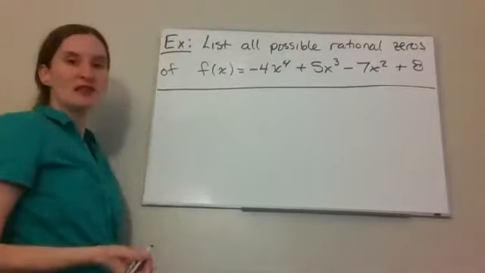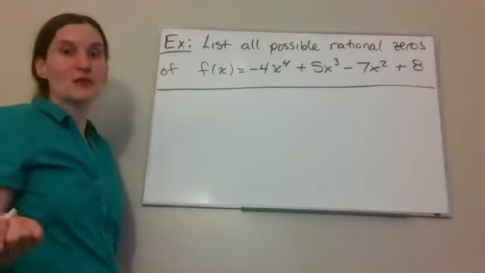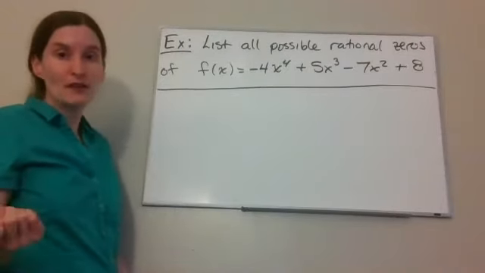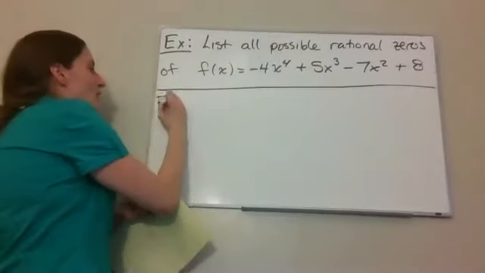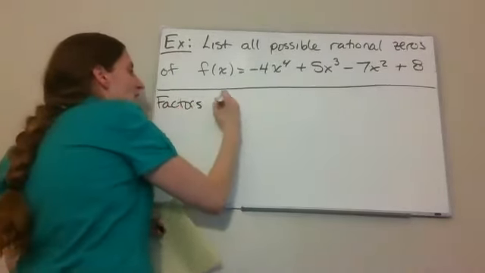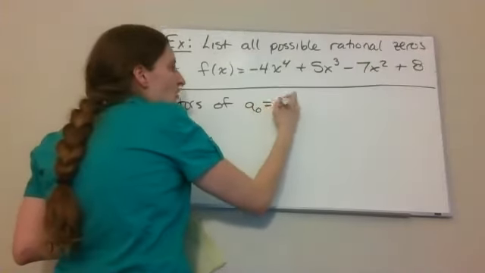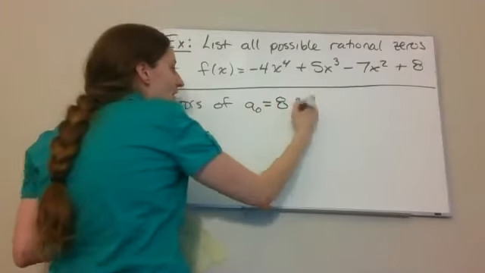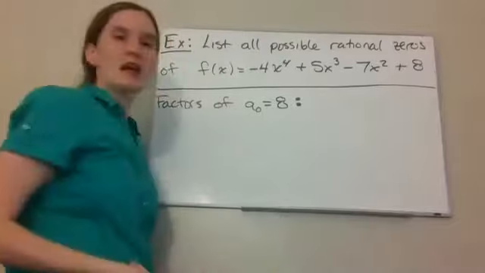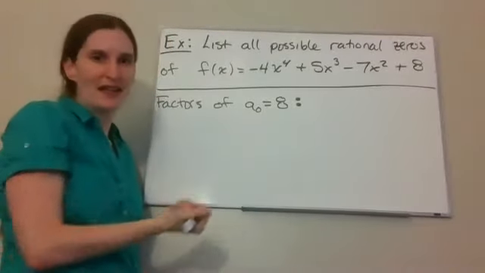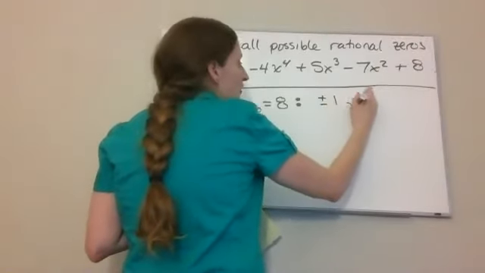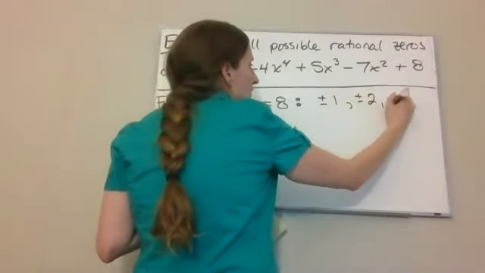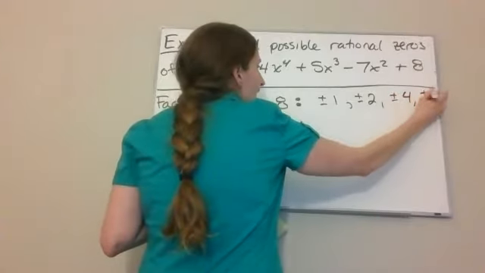So the way we're going to do this is I would suggest you first list all of the factors of your constant and all of the factors of your leading coefficient. So your factors of a_0, which is your constant 8, well, just think about what numbers can be divided into 8 evenly: 1, 2, 4, and 8.